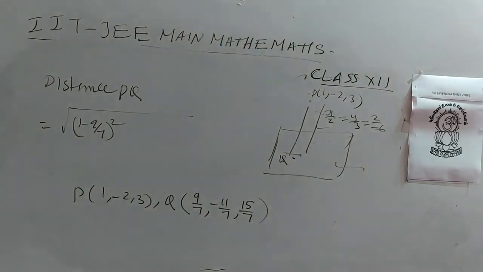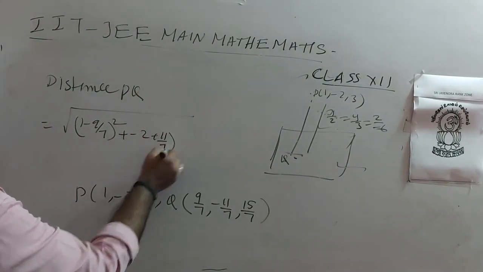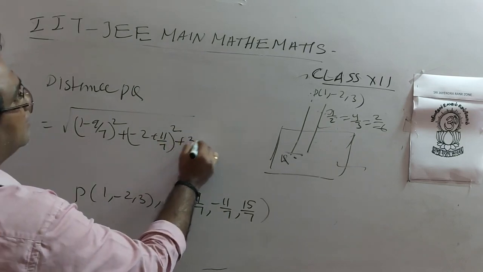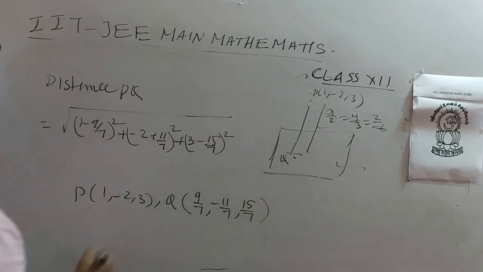Distance is the square root of (1 minus 9/7) whole squared plus (minus 2 plus 11/7) whole squared plus (3 minus 15/7) whole squared.